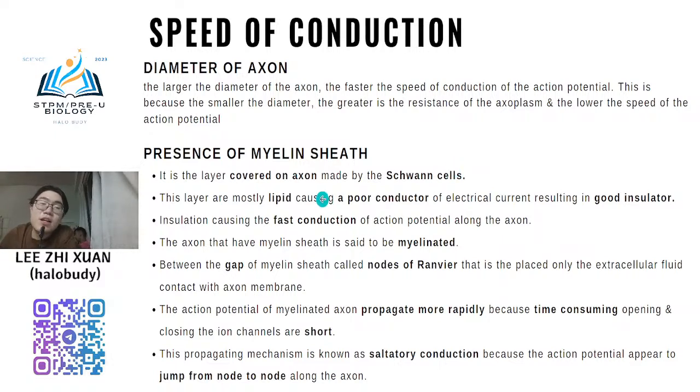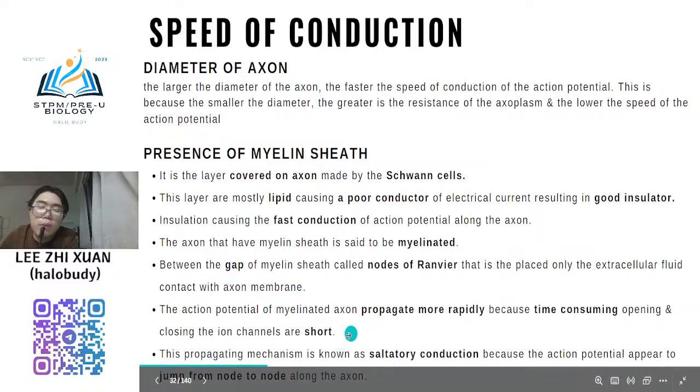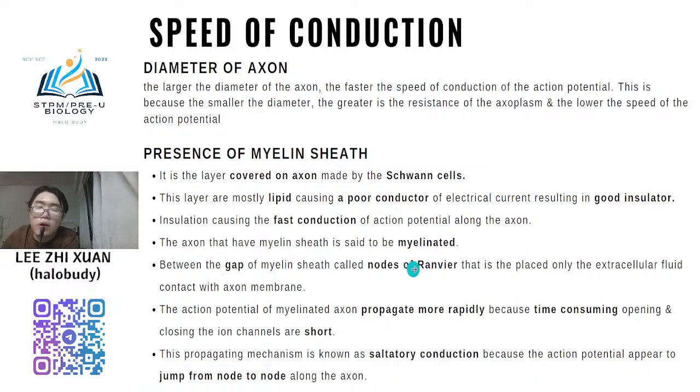That also applies to the myelin sheath, which I already explained before. The myelin sheath is made up of Schwann cells, and it is a good insulator, so no electrical current will pass through. Normally the electrical impulse will be propagated by moving through the nodes of Ranvier only.